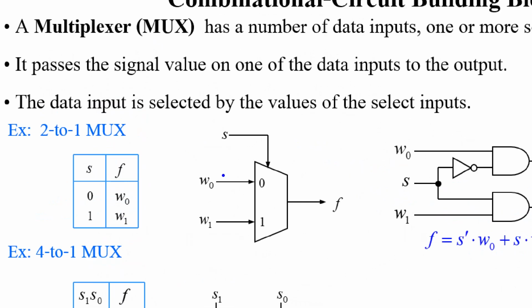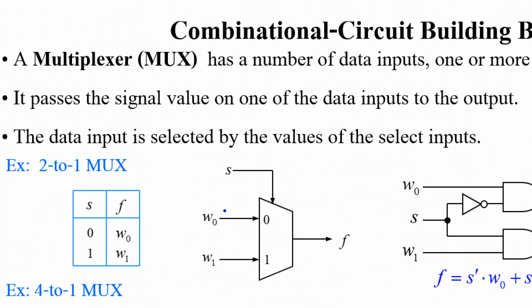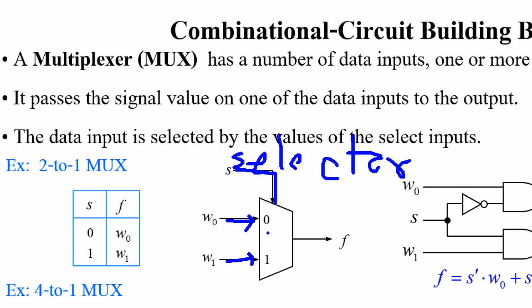For example, for a multiplexer, there is a selector signal to select the input that you want to show as the result at the output.